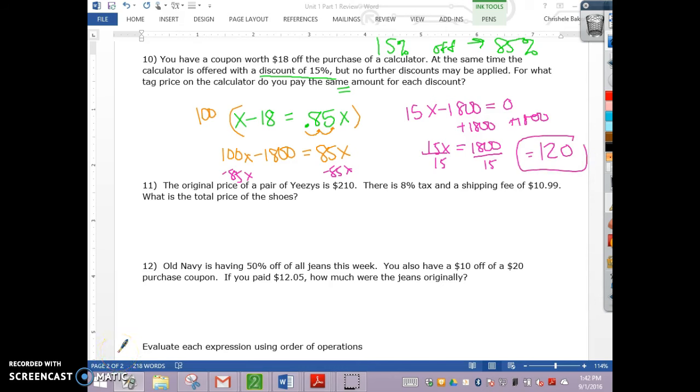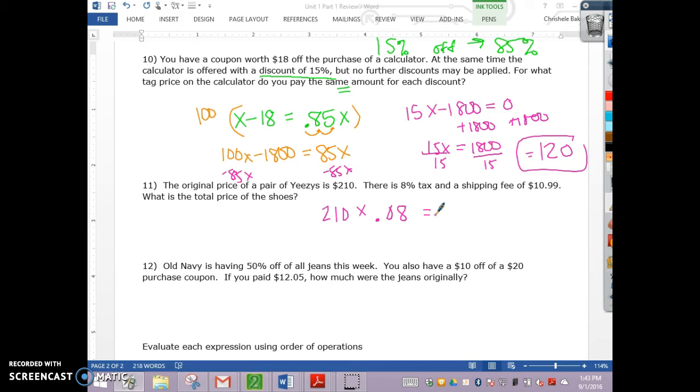All right, original price of Yeezys is $210. There's an 8% sales tax and a shipping fee of $10.99. What's the total price? So if we have to find this tax, we are going to take 0.08 times that 210. So I'm going to grab my calculator and do 0.08 times 210, and that's $16.80.